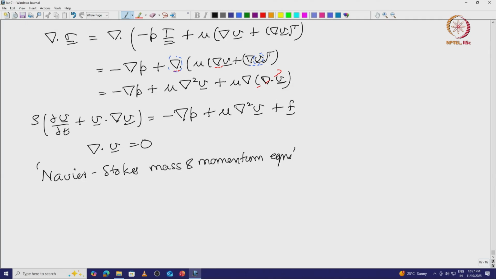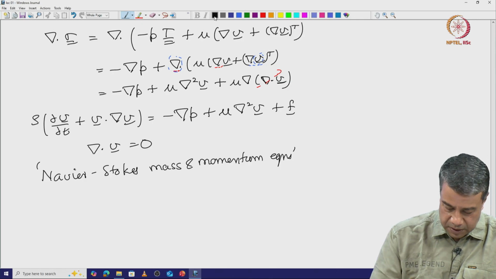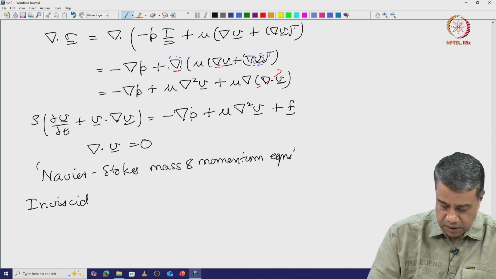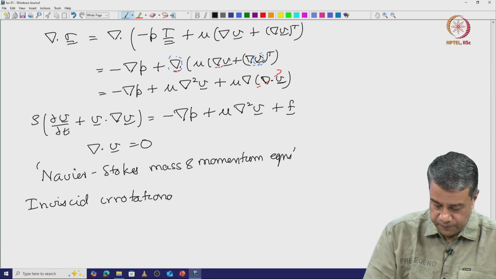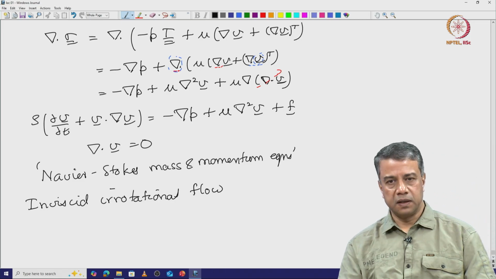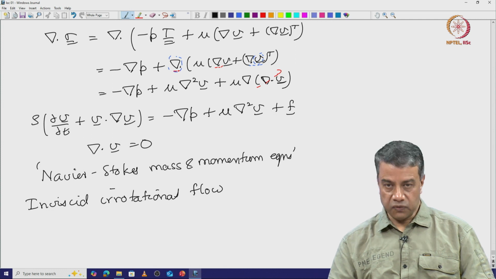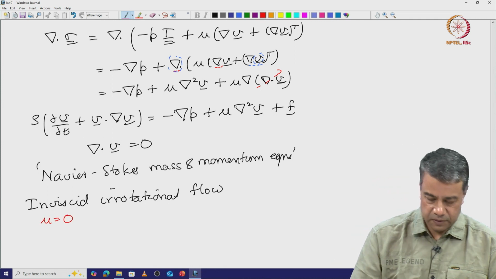You can get a form of these equations called inviscid, irrotational flow. Inviscid means no viscosity, so the viscosity is equal to 0.